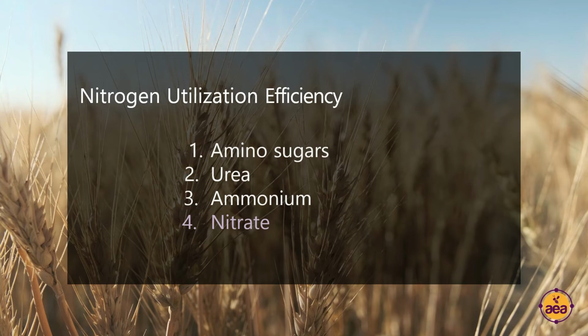The second most efficient form of nitrogen is urea, and urea is one of the most common forms that we apply in non-organic systems as foliar applications. The third most efficient form is ammonium, and the fourth is nitrate. Nitrate is the least efficient and costs the plant the most energy.